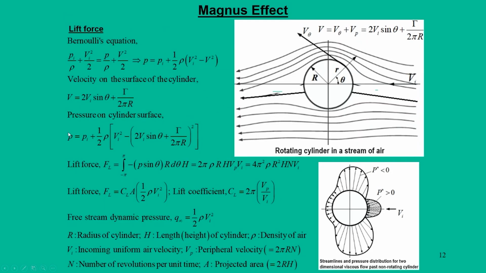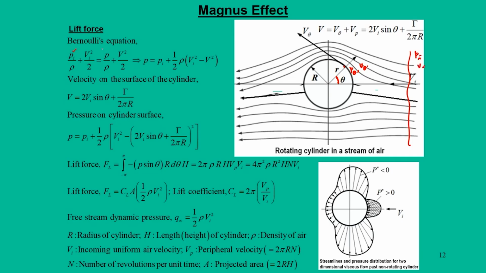So, what is our analysis that we are going to see here? We are going to use Bernoulli's equation at two locations: one, any point on the surface which is defined by the angle theta, so we say p theta and v theta, and the other at any location we say p infinity and v infinity.